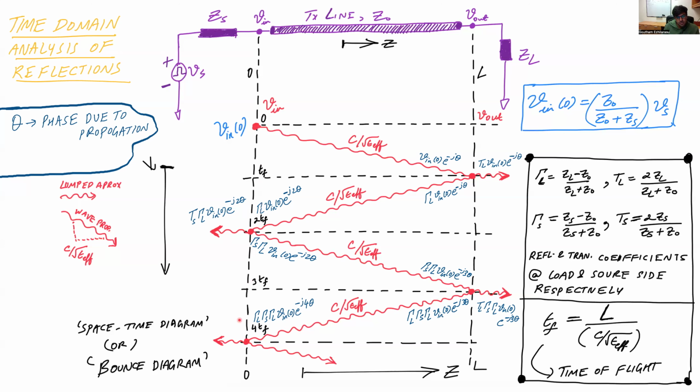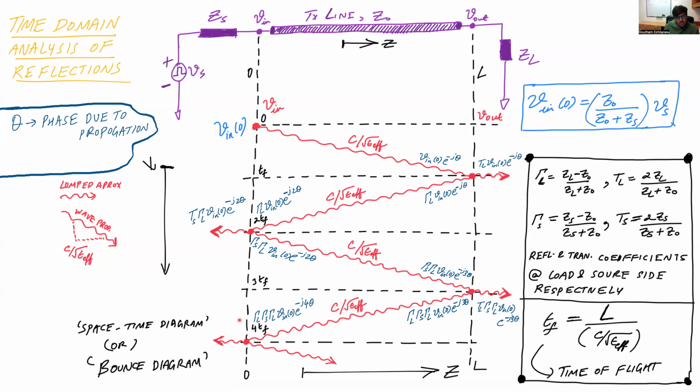Sorry, this is the voltage that is plotted at location L over 4 at a given time. So this is the location L over 4, and I'm going to show with time how this voltage at location L over 4 builds up. Initially, at time t equals 0, when the voltage at Vn was Vn of 0, the voltage at location L over 4 must be 0, because the signal has not reached there.